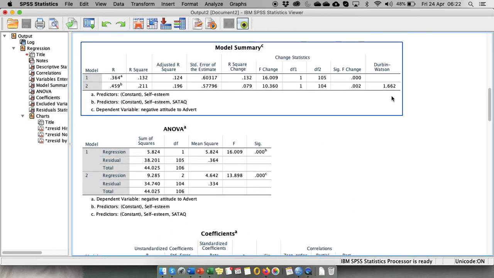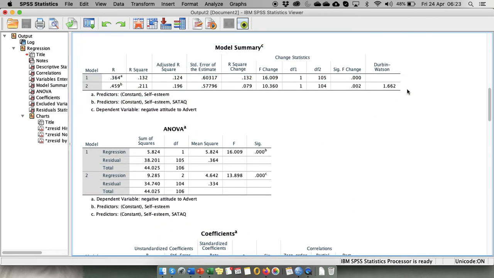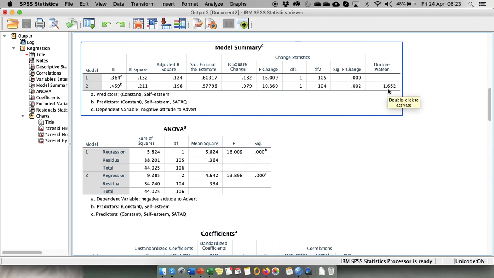And you also want to look at the Durbin-Watson test, and the value should be between 1.5 and 2.5. The whole statistic for the Durbin-Watson test ranges from 1 to 4, and the closer it is to 2, the better. That one tests for independence of scores. This is the information that you need to test the assumptions for regression.